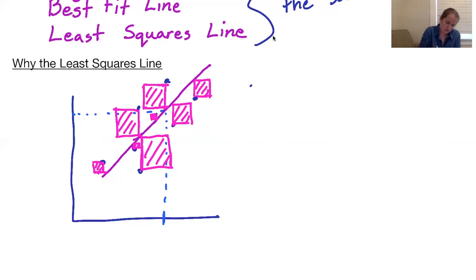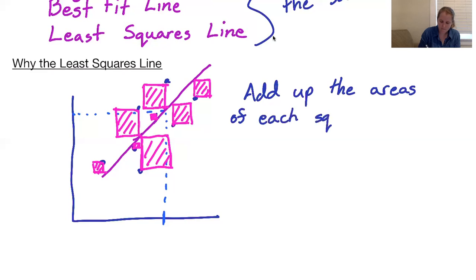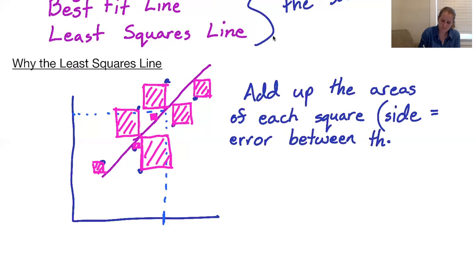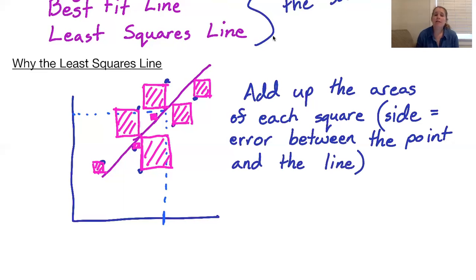So if we add up the areas of each square where the side is the error between the point and the line, then the least squares line is the line that has the smallest sum or smallest total area.